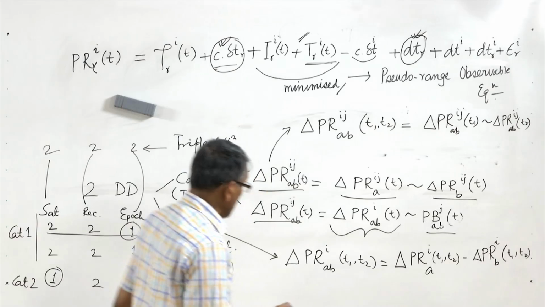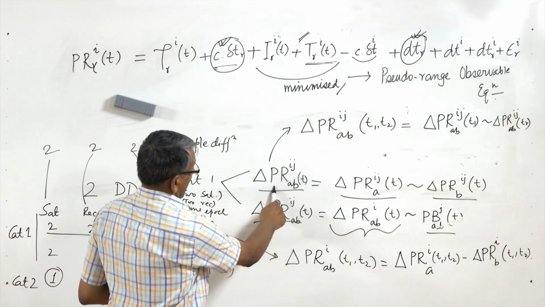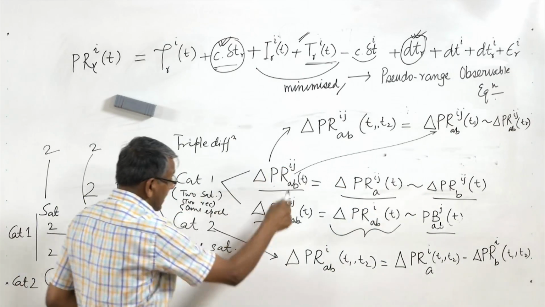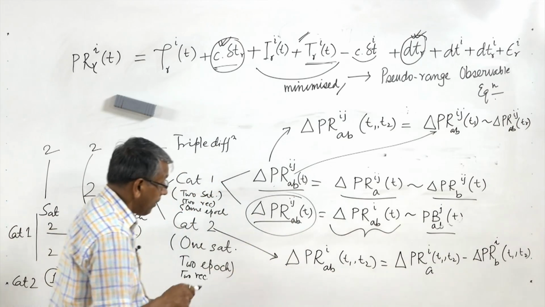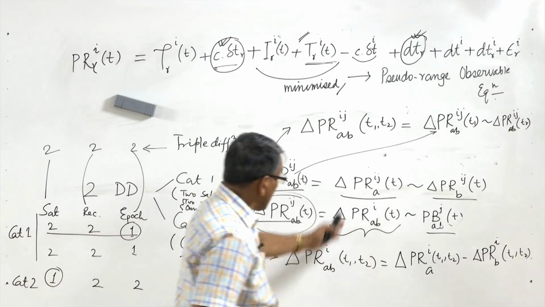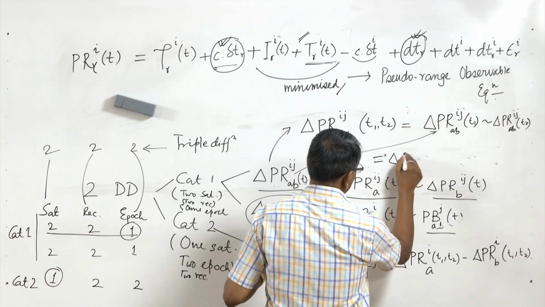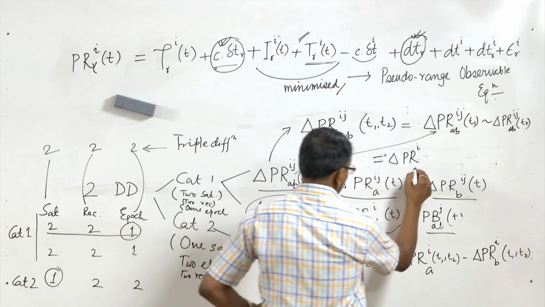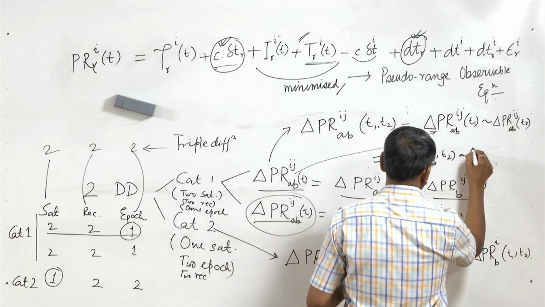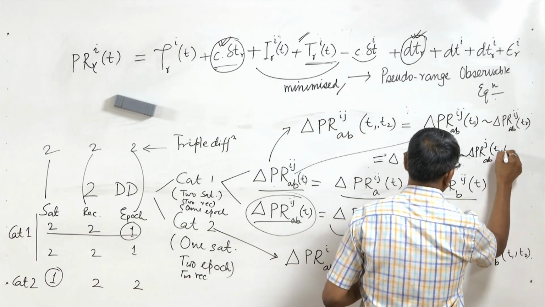So, this is one of the varieties. I can take this one, or I can take that variety, or I can take another variety. If we take this one, then del P R I A B T1 T2 is the difference of del P R A B J T1 T2.